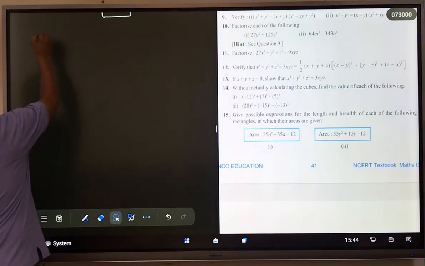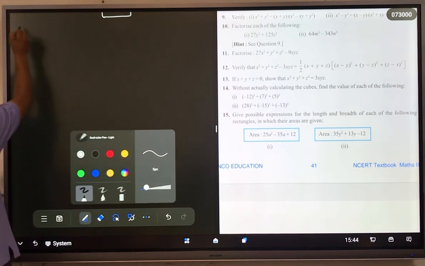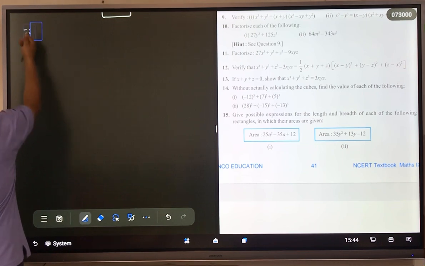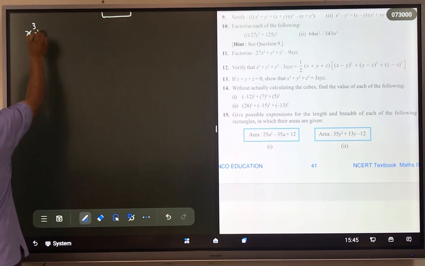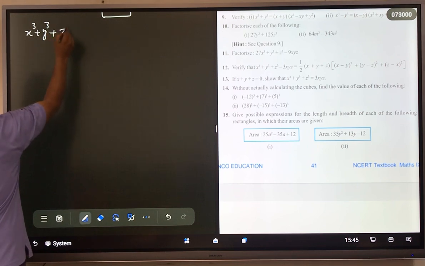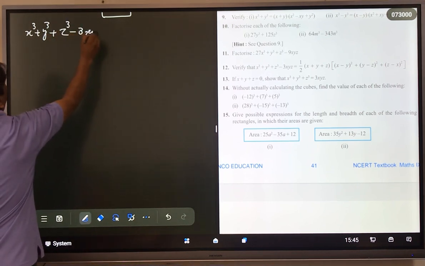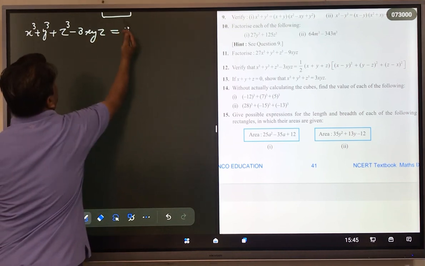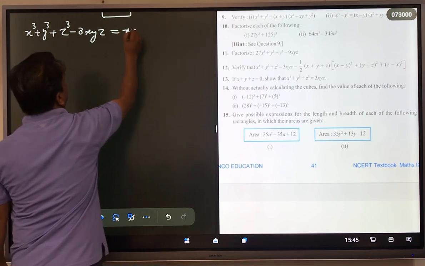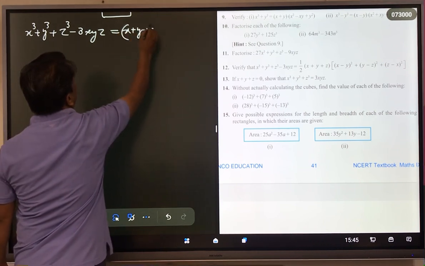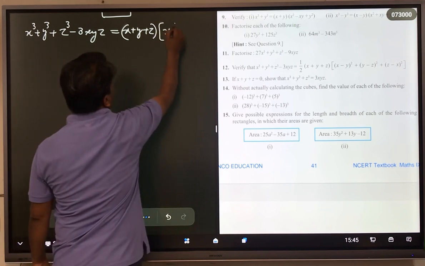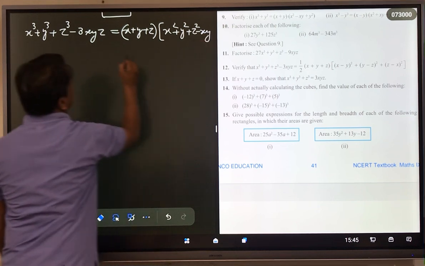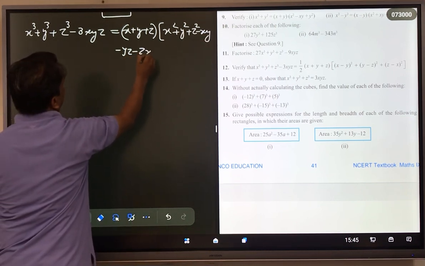This identity here: x cube plus y cube plus z cube minus 3xyz is equal to x plus y plus z times x square plus y square plus z square minus xy minus yz minus zx.